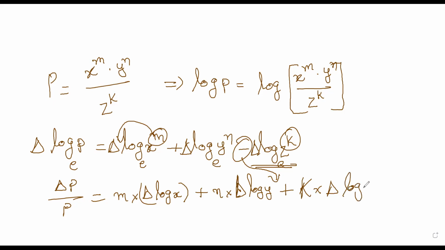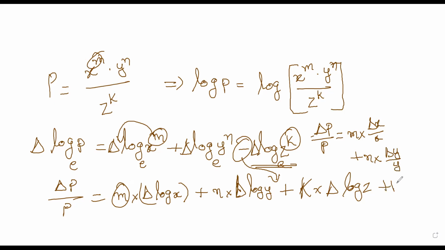So what is the ultimate thing you are going to get? You are going to get delta p by p as the power of x multiplied by the relative error in x, and the power of y multiplied by the relative error in y, and the power of z multiplied by the relative error in z.